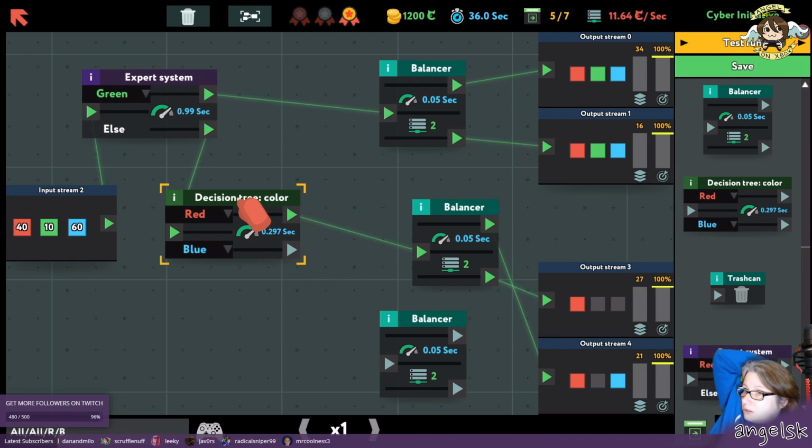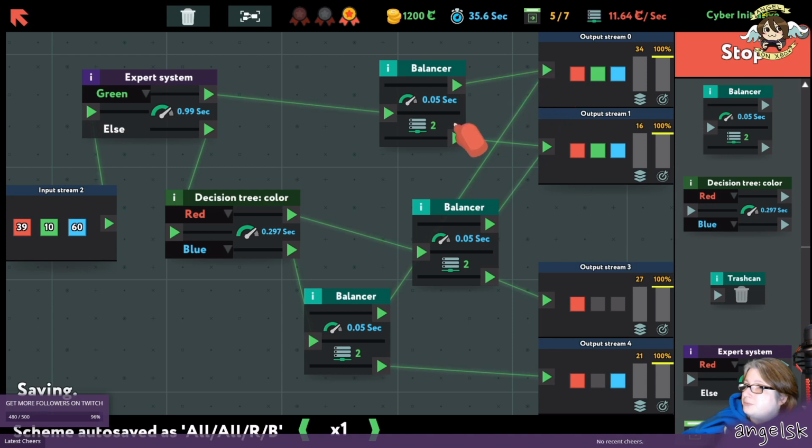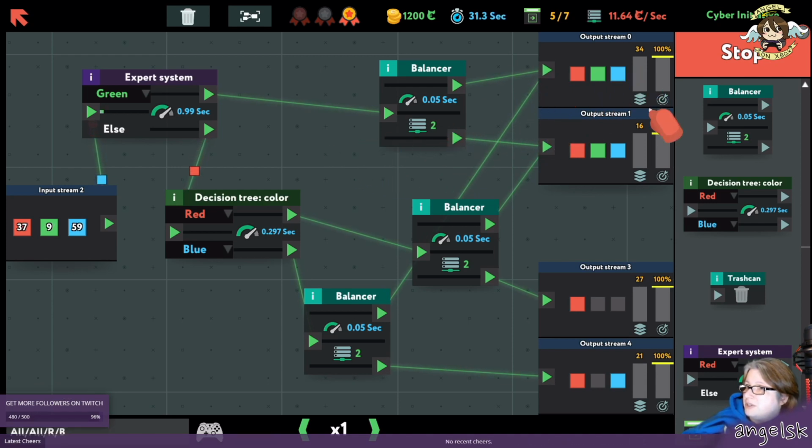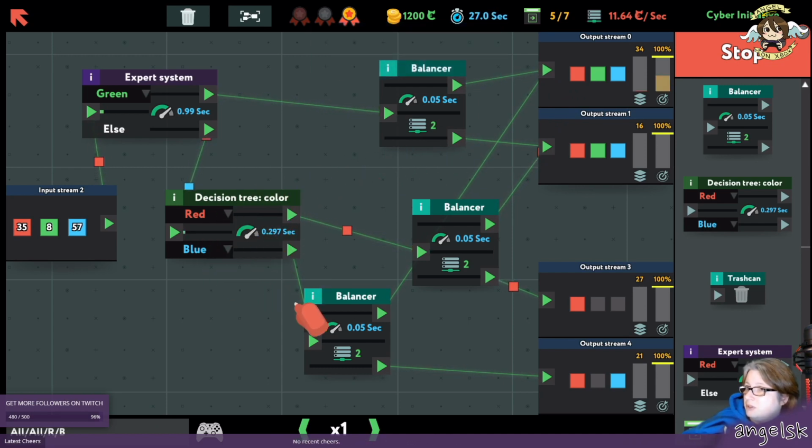We've got 60 blues. So we split 30 goes there. So actually we can bring the red up here. And the blue there. So we filter out the greens, split the greens between these two, then everything just goes in, is it red or is it blue?